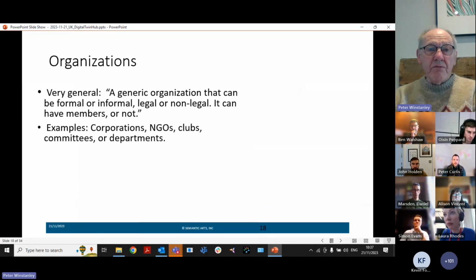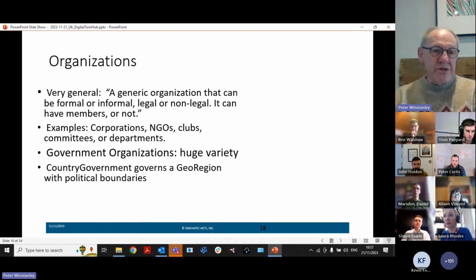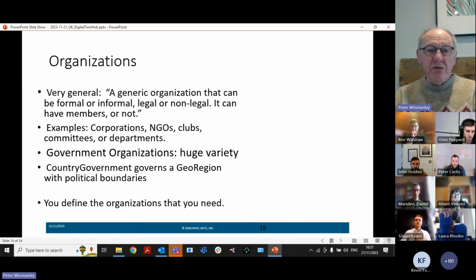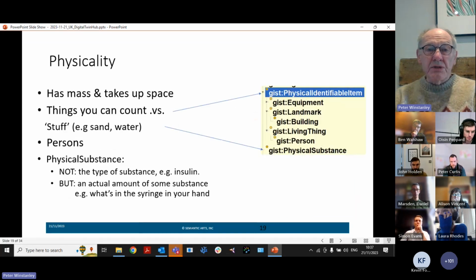Organizations can be very general, but also what we can do is bring about certain amount of precision with narrowly defined organizations like government organizations. And here are some illustrations of how we can subclass from the gist terms into terms that are appropriate for an organization that needs a lot of definition of different types of organization.